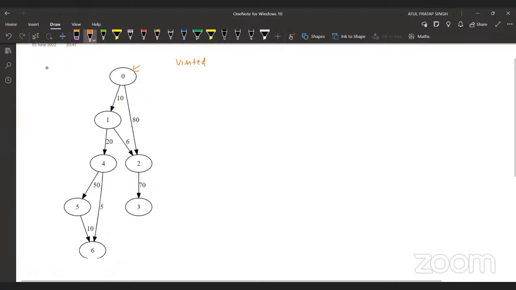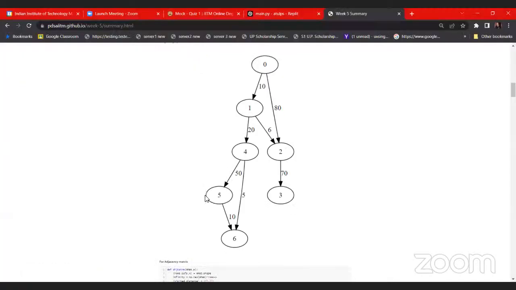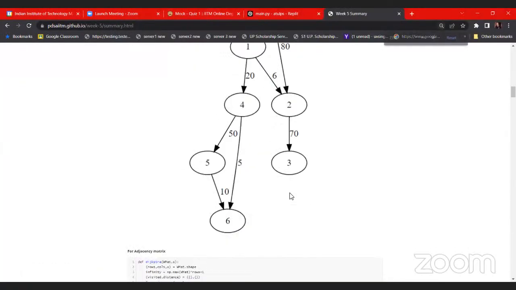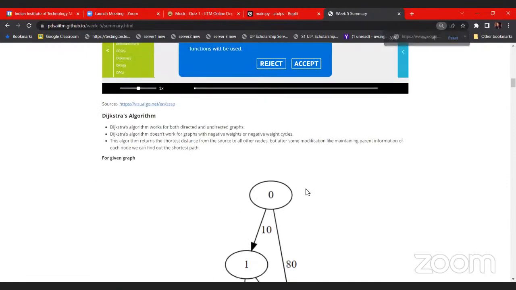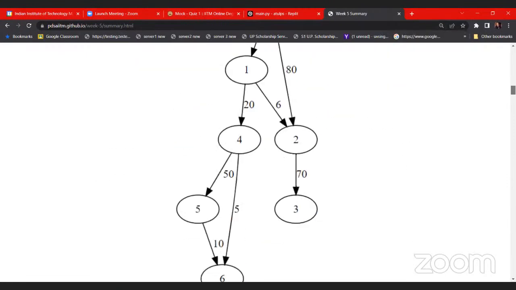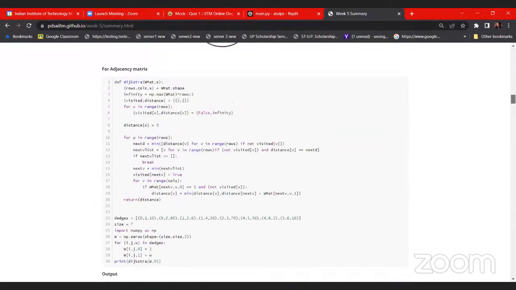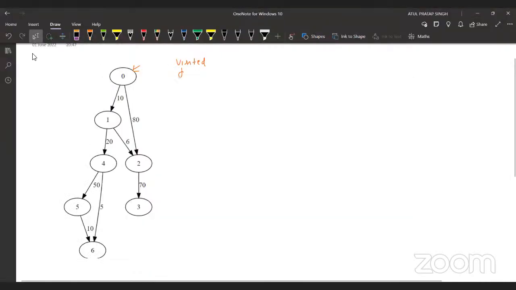So we will start from the initialization part. The parameters in our algorithm are visited and distance.